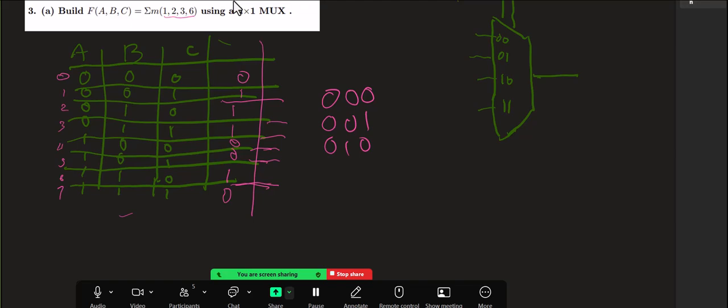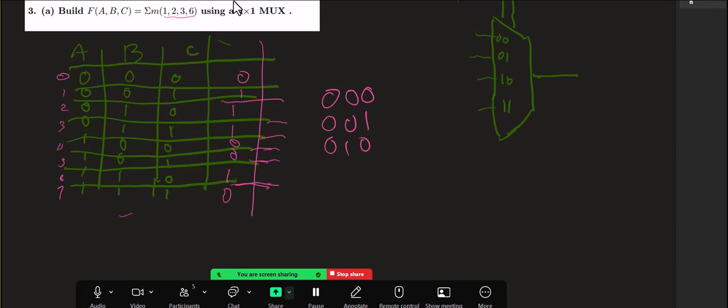If we cut out C, every 2 rows is the same. So we have 0, 0, 0, 0, 0, 1, 0, 1, 1, 0, 1, 0, 1, 1, 1, 1. Like every two rows in A B are exactly the same.